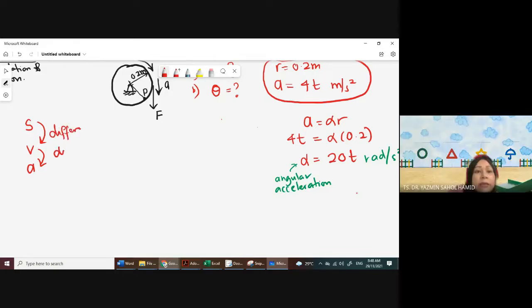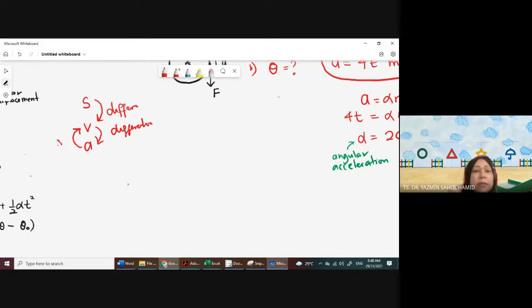But if you want to find velocity from acceleration, you need to integrate. It's the same thing for position, for omega, for alpha. So this is differentiate, and this one will be integrate.